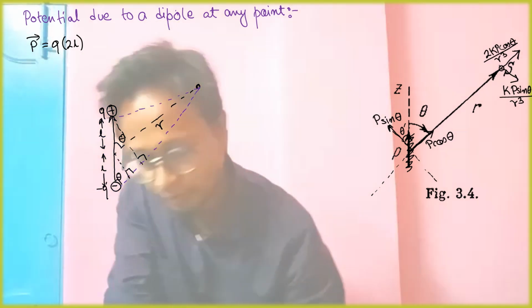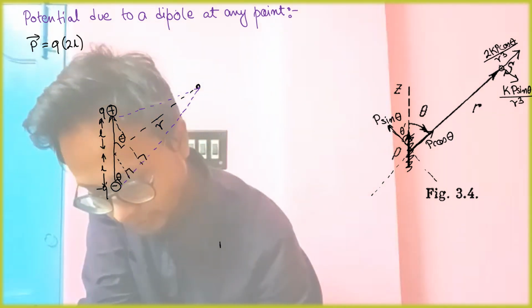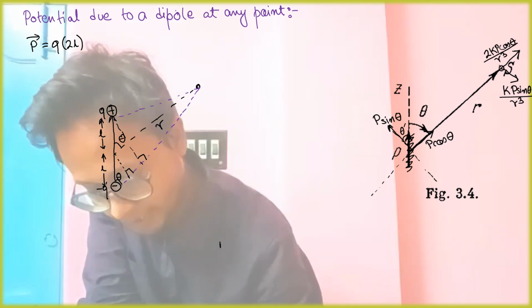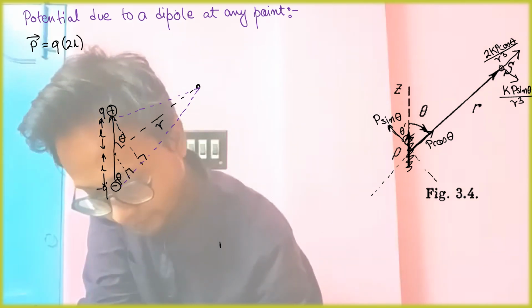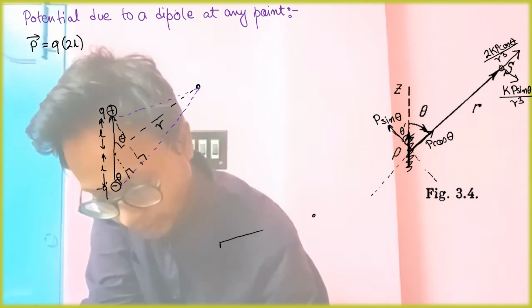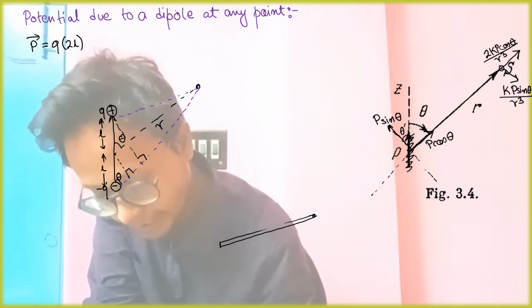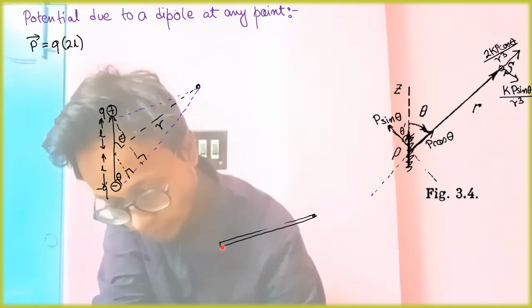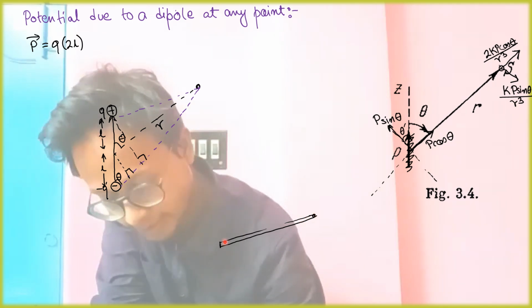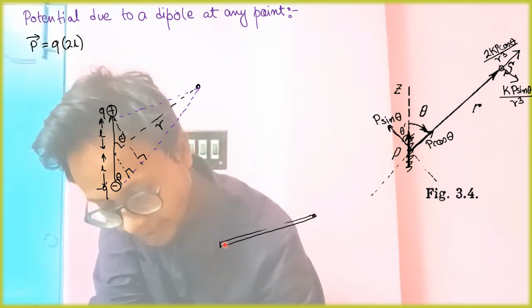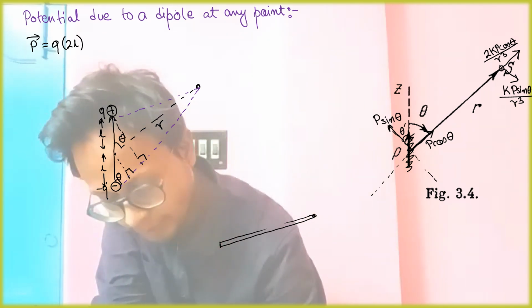Understood? See, what I'm trying to say is, suppose a very small length is there and a very large length r is there. Now if I draw these two lines, even though these two lines meet, can I say these lines are parallel for a little while?